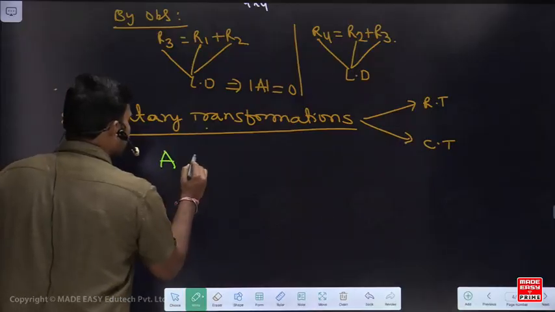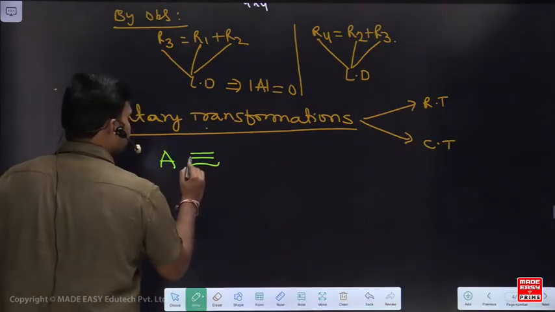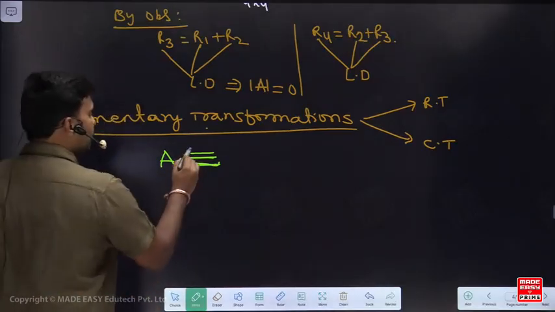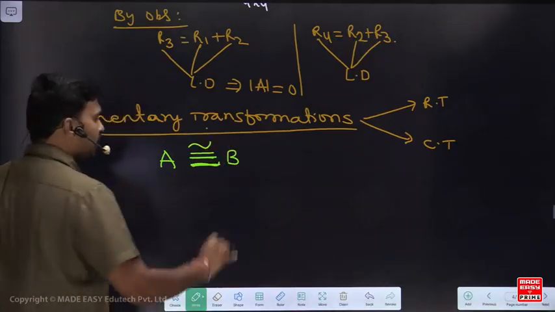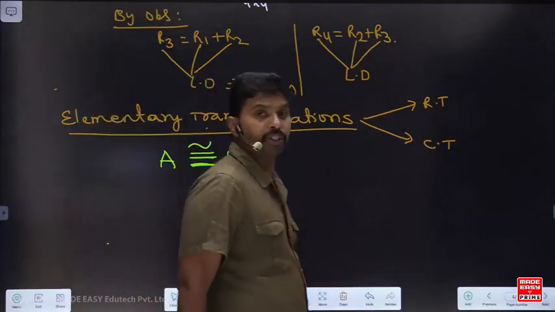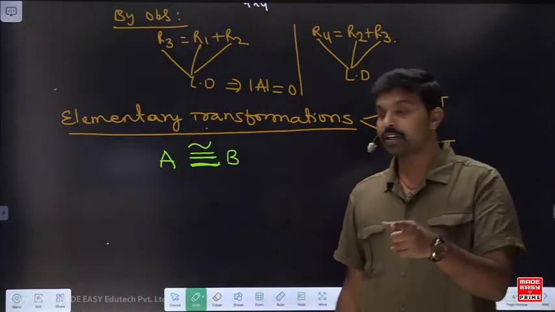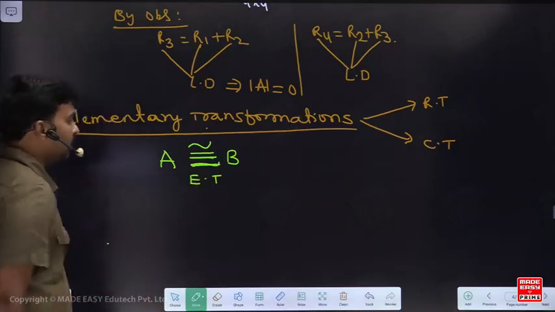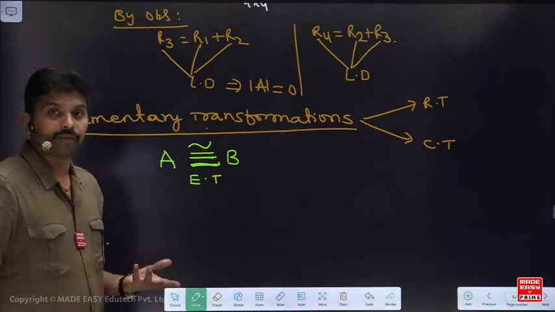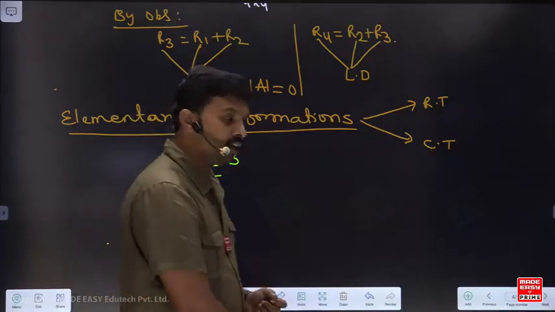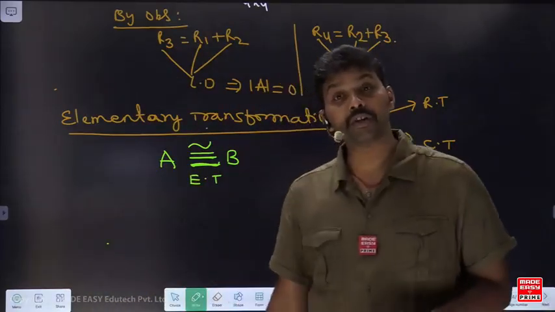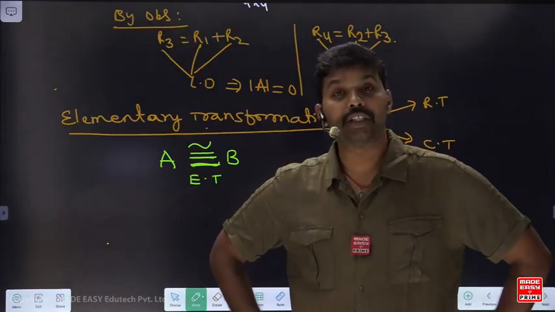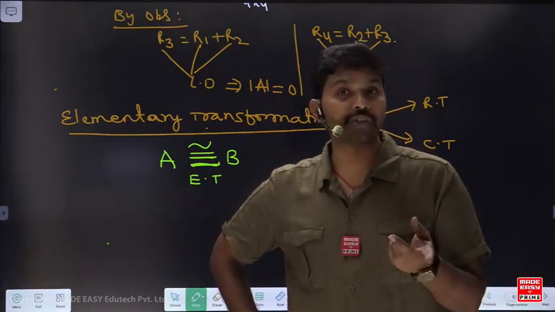So by applying these elementary transformations here, the matrix will be changed to another matrix. By applying the row transformations and column transformations, the matrix will be reduced to another matrix here, right or not? Definitely the matrix will change. Okay, sir. The matrix changes, then what about its determinant? Whether the determinant of the matrix will get changed or not.